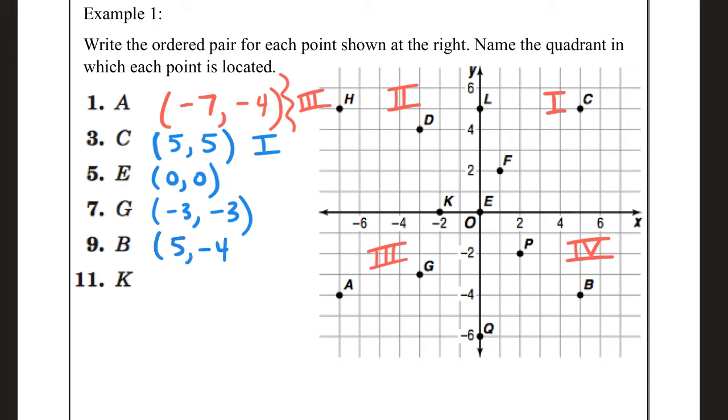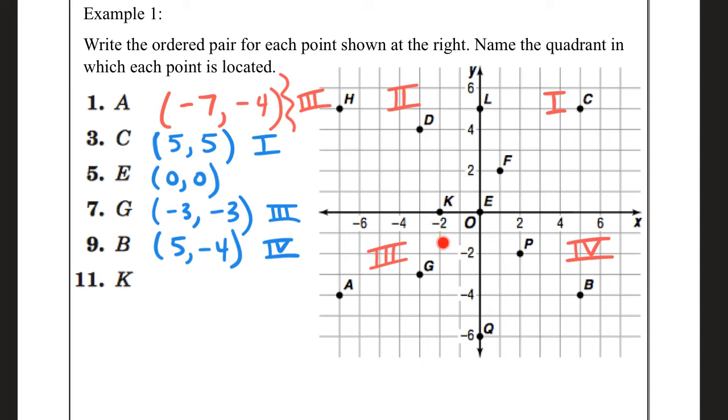Remember, sometimes the axes won't be labeled for you. I should write my quadrants down here. If you notice here, there's numbers, right? It skips the odds, but there's still numbers to give you something. Sometimes an axis won't have any numbers at all, so it's important to know the difference between the negatives and positives. And last but not least, point K is going to be right on the x-axis.